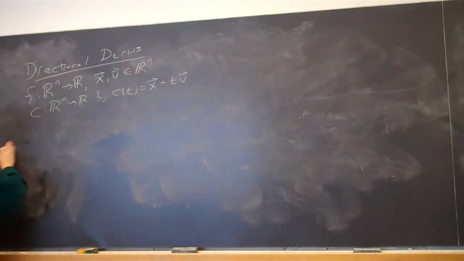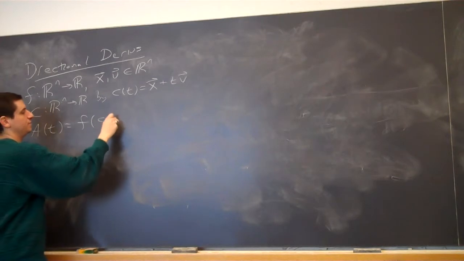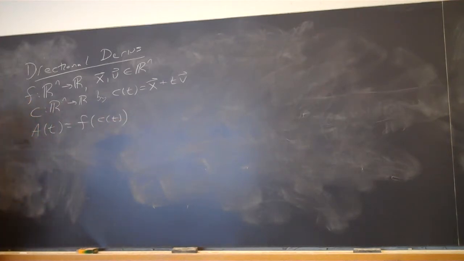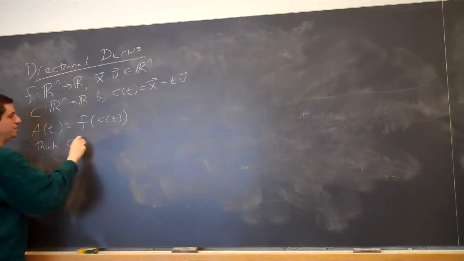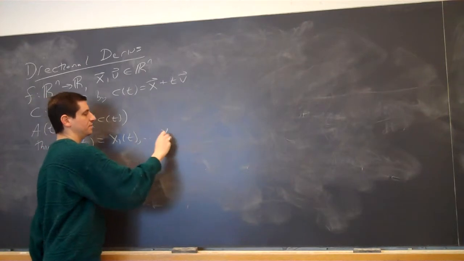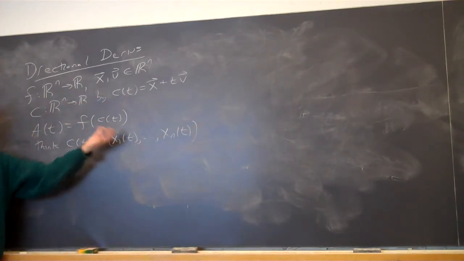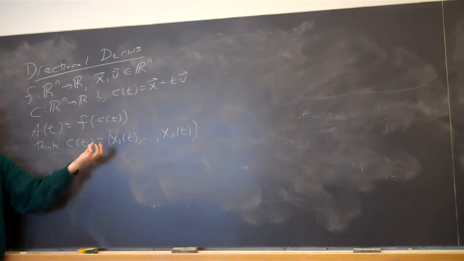Okay. So we're going to consider a of t is f of c of t. And if you want, think in great generality that c of t is x1 of t, dot dot dot, xn of t. So you give me a time, and this gives me a place in space.